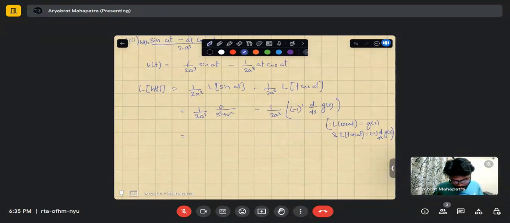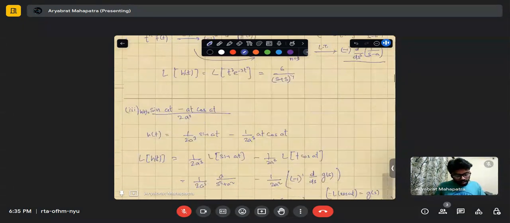So yeah, and I can use a over s squared plus a squared minus 1 over 2a squared. This will be plus d by ds of s over s squared plus a squared, which is your g of s, that is your Laplace transform of cos at.